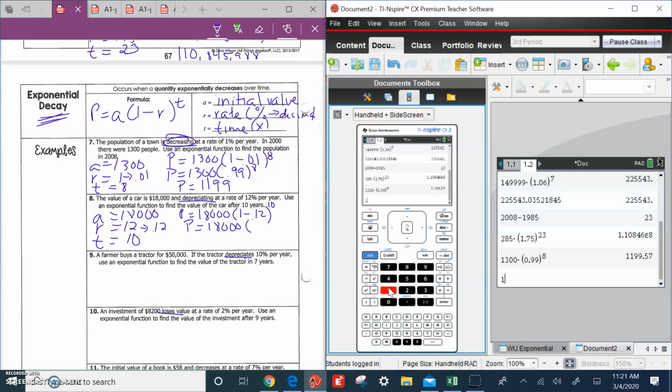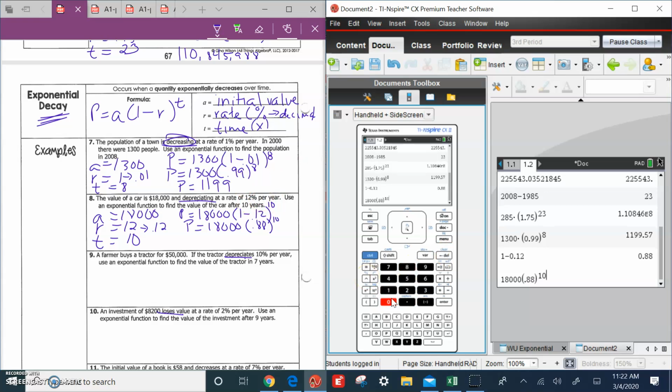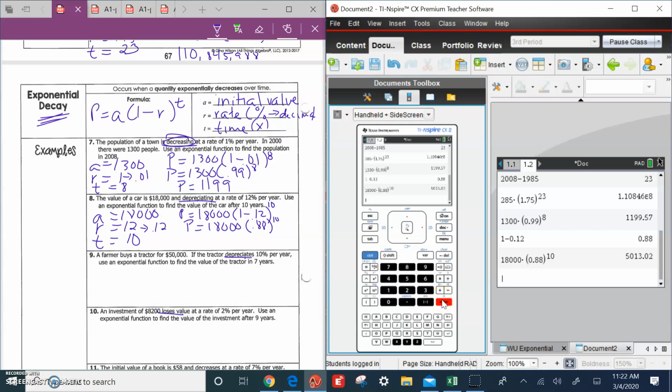Please, please, please make sure you do 1 minus 0.12 and put it as 0.88 because that's what it's going to look like on the test. Then you can plug it in, 18,000 parentheses 0.88 raised to the 10. So after 10 years, this car went down from $18,000 to $5,013.02. Okay. Since it's showing me the decimal, I don't have to click on it.